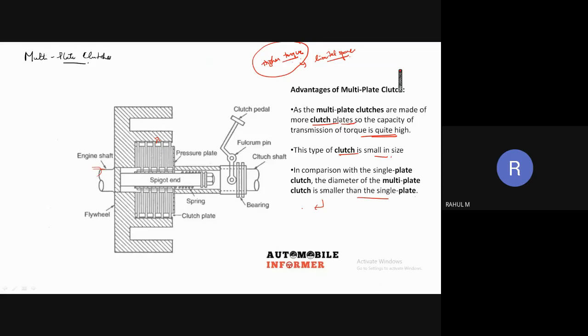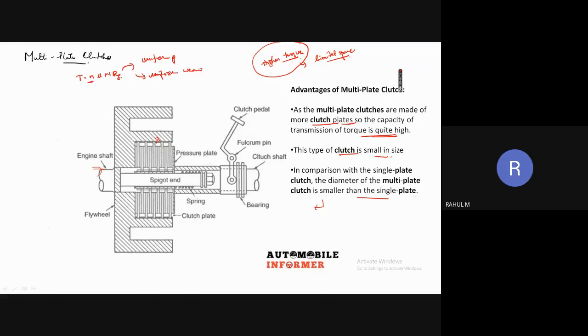So the basic difference between a single plate clutch and a multi-plate clutch is that all the basic equations are almost the same. We have seen that the torque transmission T is nothing but n mu W into Rf, which is the general equation. Even this has two types of conditions, uniform pressure and uniform wear condition, and uniform wear condition is applicable here as well.